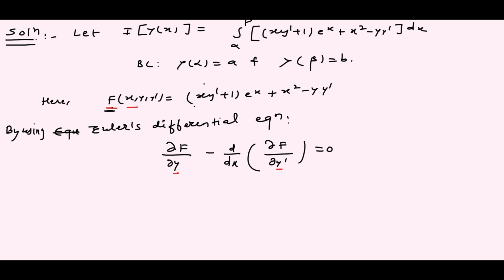In this term you can see it is independent of y, so the whole term will be 0, plus x square becomes 0, negative y, differentiating with respect to y we will get negative y dash. Negative d over dx, differentiate the functional f with respect to y dash.